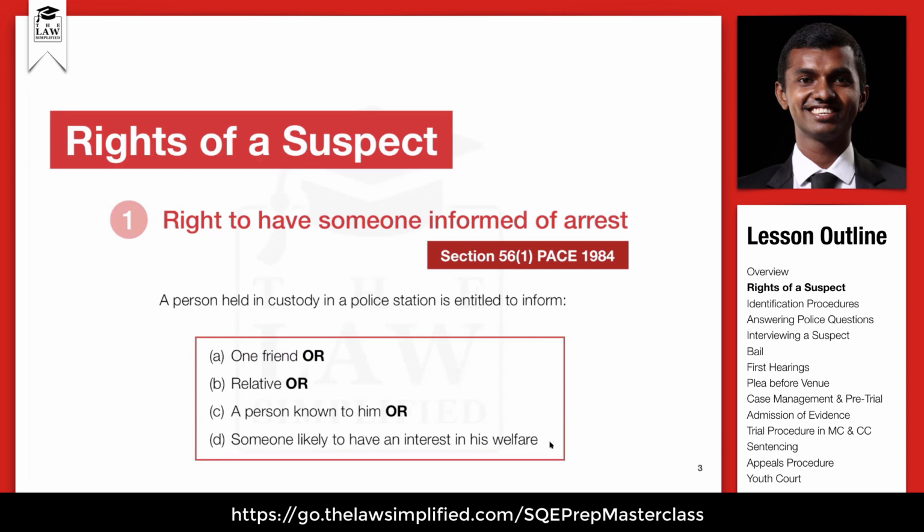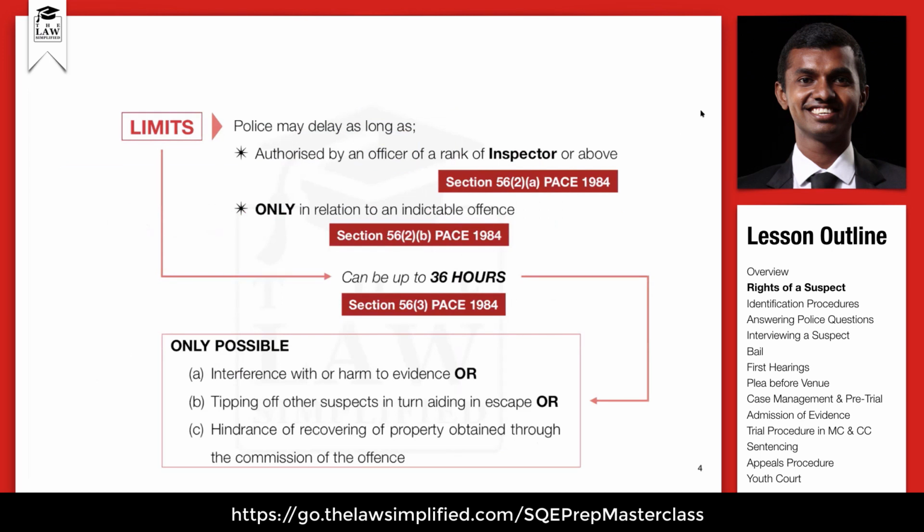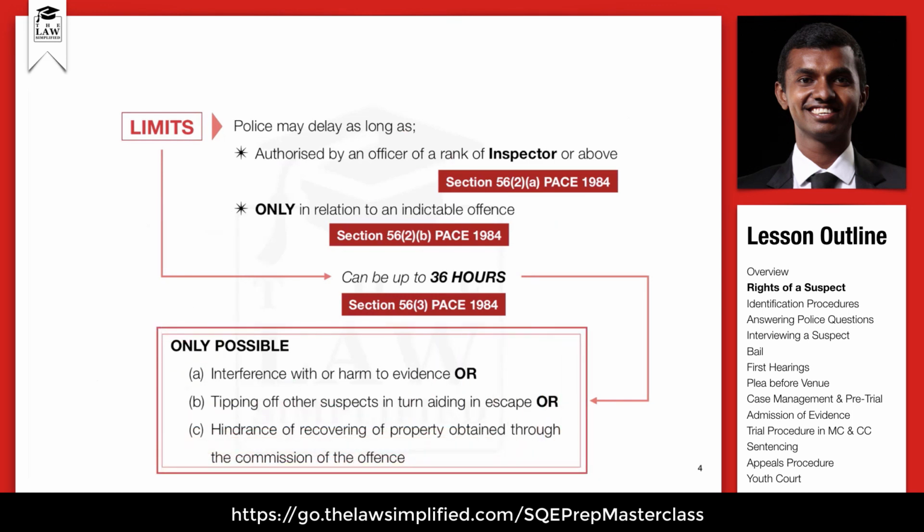This is subject to a particular condition, which is that delay in informing someone is possible. We'll look at the custody bit later, but this informing of someone is limited if informing that individual will lead to interference with evidence or tipping off other people to escape, maybe like destruction of evidence itself or moving evidence.